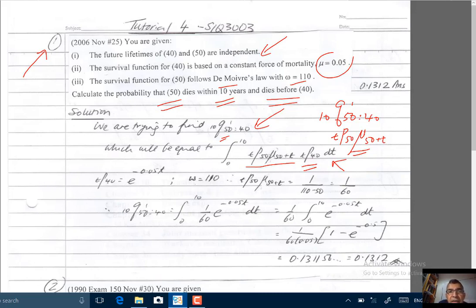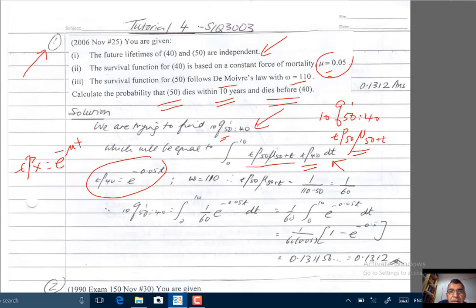Remember 40, his or her survival function is based on a constant force of mortality. So TP40 is e to the power of negative 0.05 t. That's from the formula TPx equals e to the power of minus mu t. And we know that 50 follows de Moivre's law.